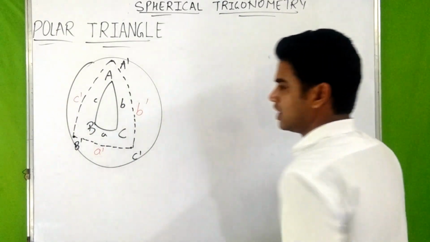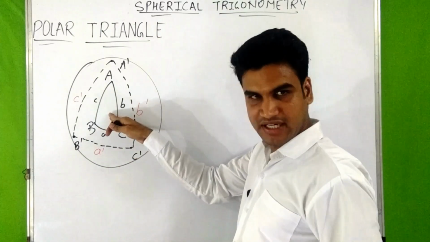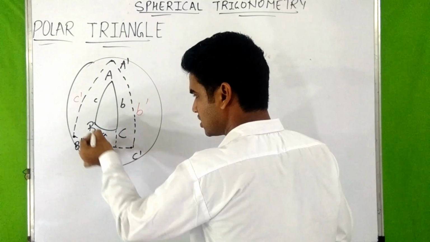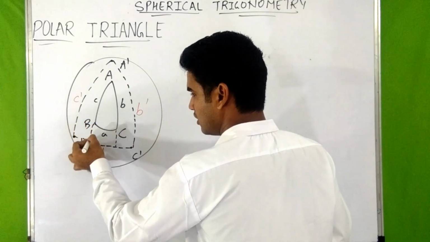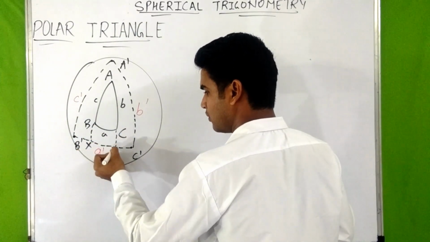Now I extend the sides of the spherical triangle, the primitive triangle, on the side of the polar triangle, on the side small a dash, at the points X and Y.